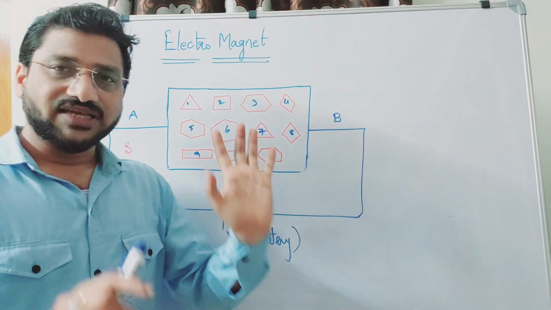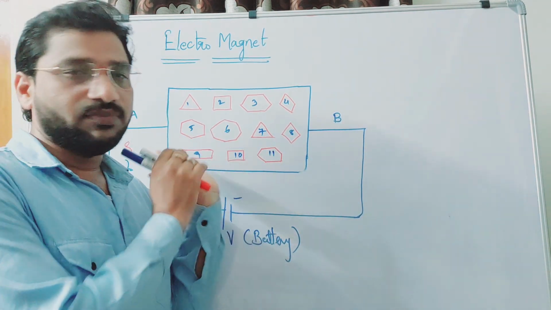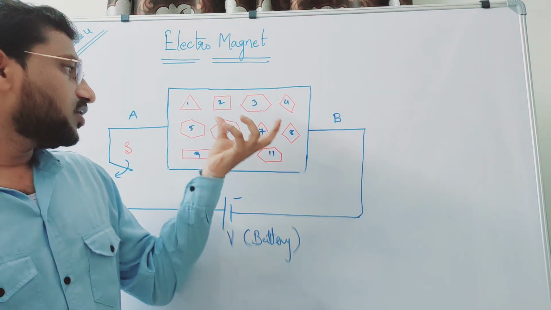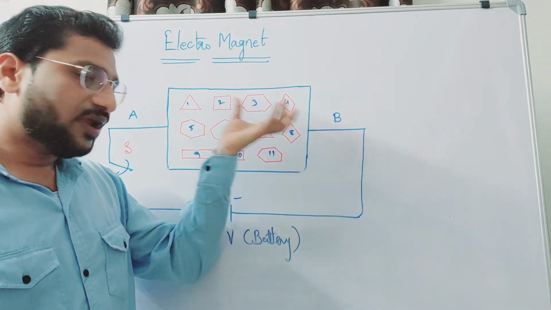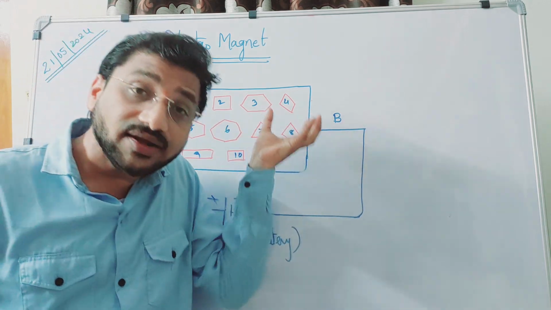This is just an example. Don't restrict it to only 11. So in my example, the material I have chosen has 11 magnetic molecules.